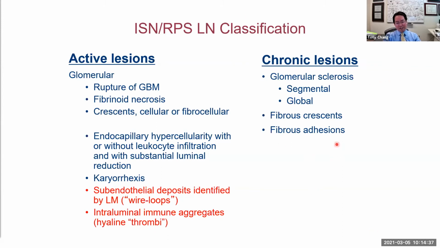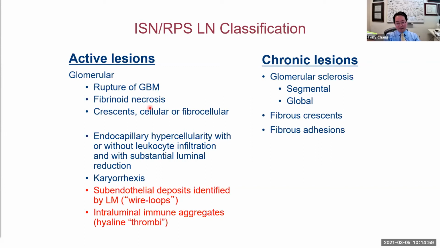And so the chronic lesions often represent the scarring or the chronic phase of these active lesions. When we talk about activity, it's best when your biopsy has no activity and no chronicity, right? Obviously, that's not necessarily what we deal with on a regular basis.